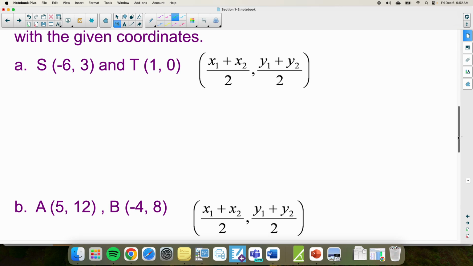Okay? So like I said with these, it's kind of like two problems like we did with the number line. So what you're gonna do is add your two x's together, and it doesn't matter what order you add them in. So I'm gonna go -6 plus 1 over 2, and then comma, because this is an ordered pair.